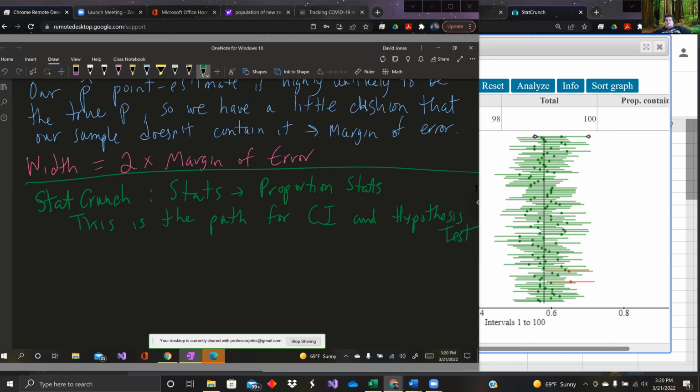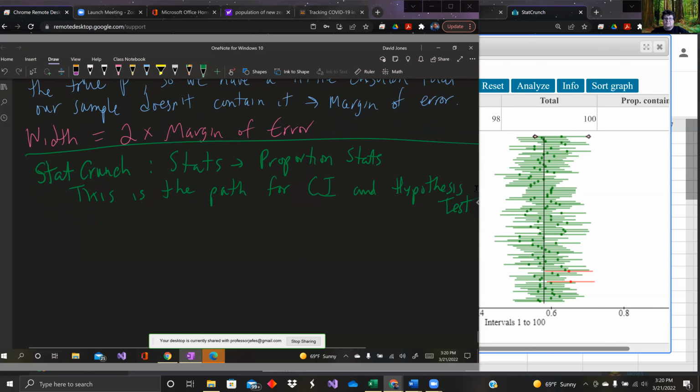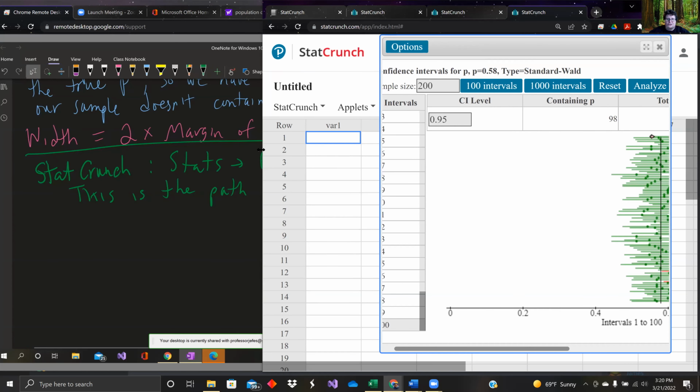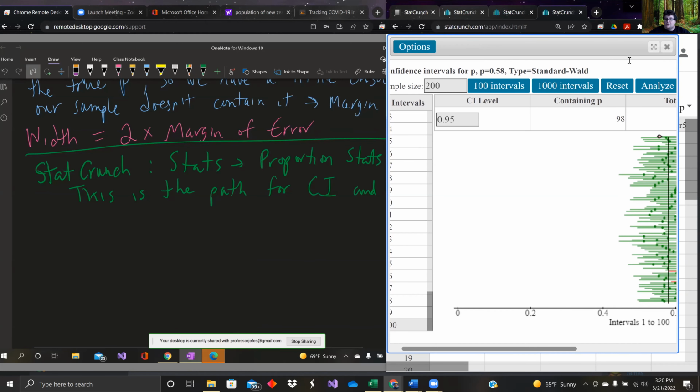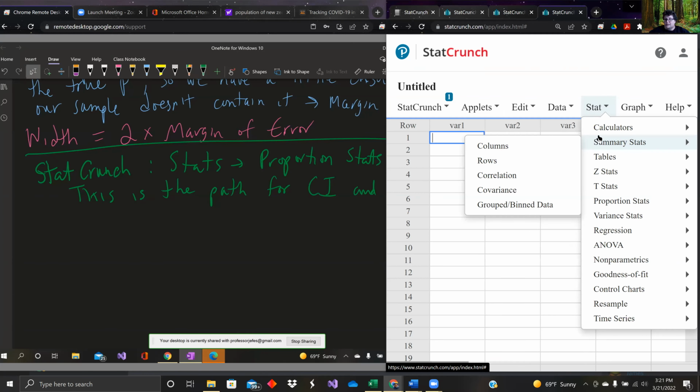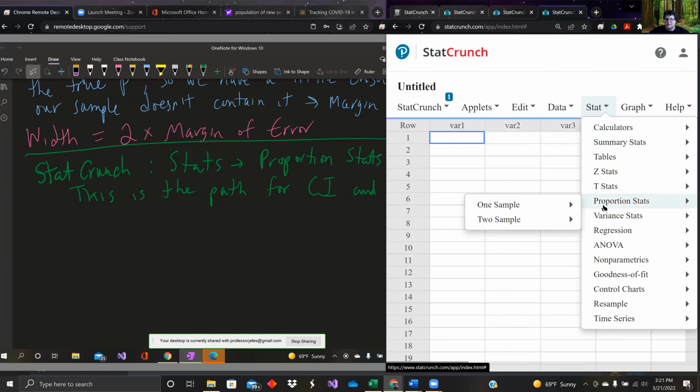Chapters 10 through 13 are on hypothesis tests. Chapter 9 is on confidence intervals. In fact, let's have that open at the same time and I'll show you. Stat, Proportion, Stats. First option, you are given the option of one sample or two samples.